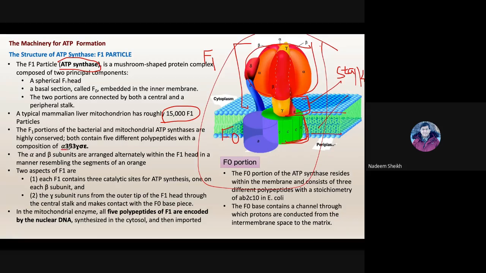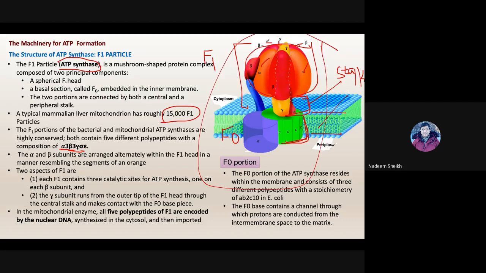It has 3 alpha subunits, 3 beta subunits, 1 gamma subunit, 1 epsilon subunit, and 1 sigma subunit. Now you can see here, this is alpha, beta, alpha, beta, alpha, and beta.